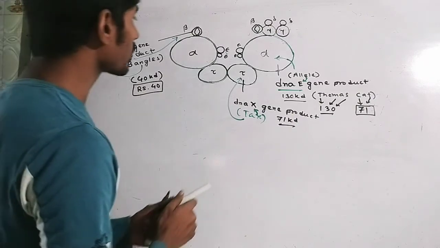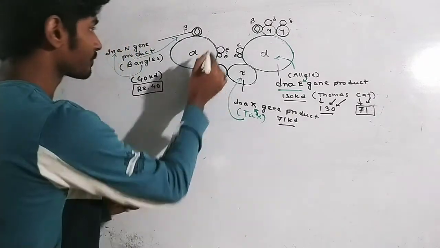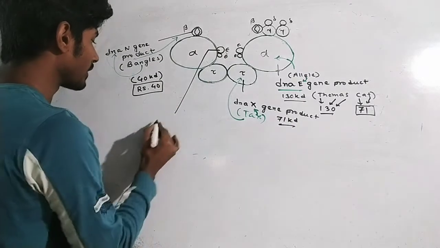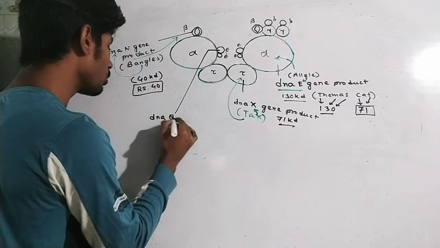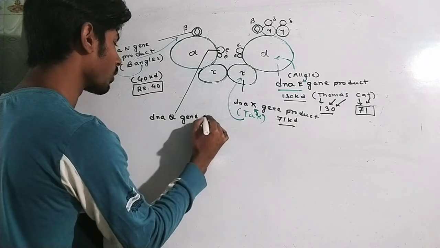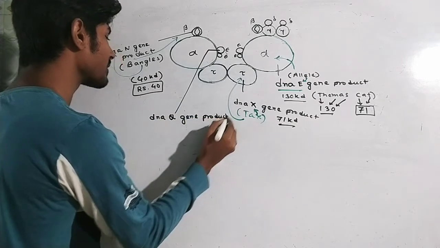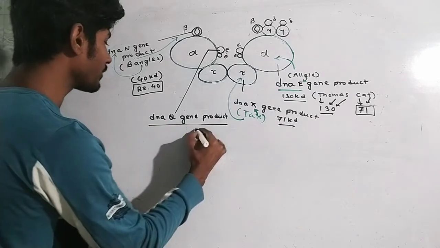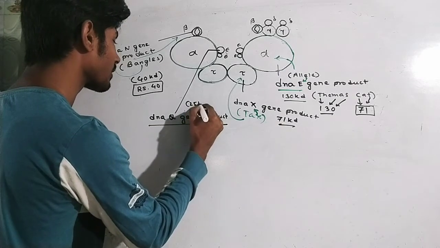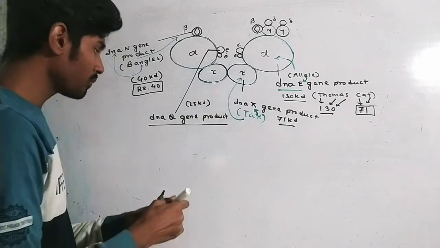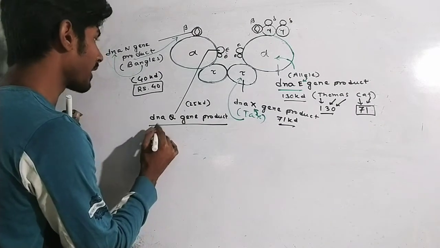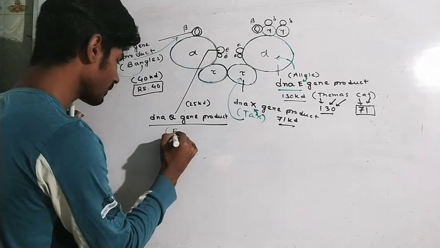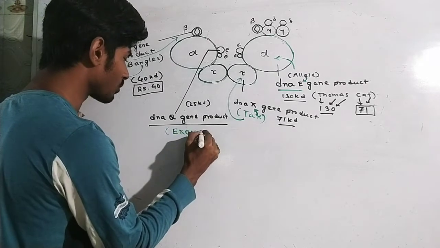Now let's talk about the epsilon subunits. The epsilon subunits are DNAQ gene products, and it has a molecular weight of 25 kilodalton. You can remember the gene by this simple trick, that is exquisite. The word is exquisite.